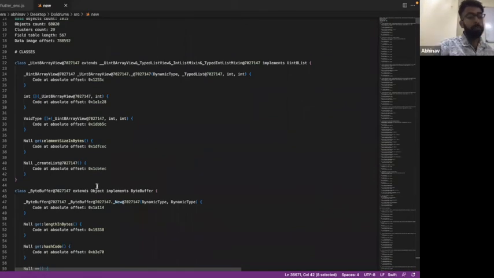So if libapp.so is sitting at 100,000 or 1 lakh memory location, for example, this particular class that you see can be found at this offset.